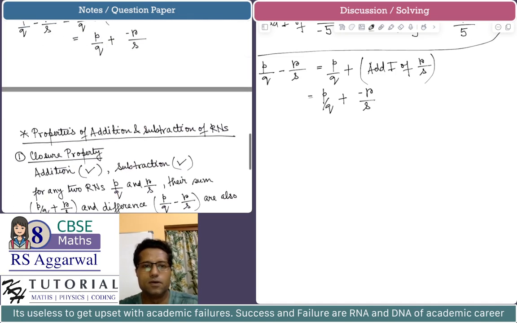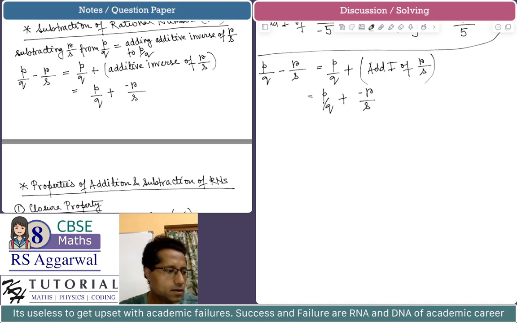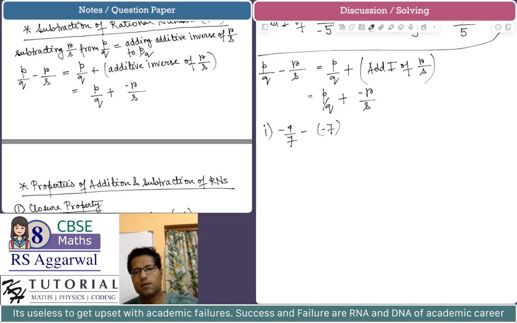Okay. Now let's see some examples of subtraction of rational numbers. Example 1: let's say we have to subtract minus 7 from minus 4 by 7. We are subtracting the rational number minus 7, and you can always think of it as minus 7 by 1.